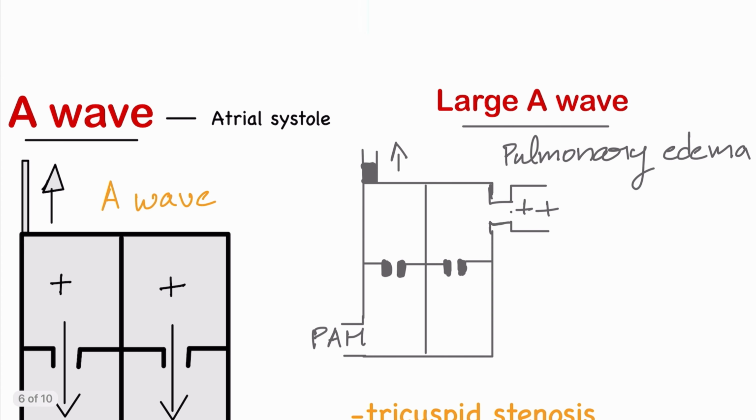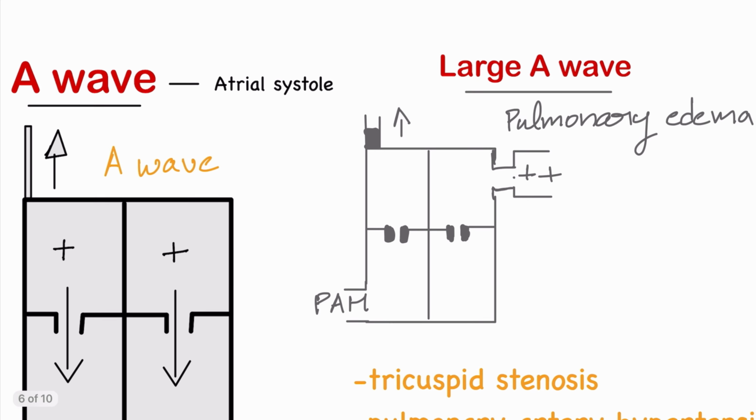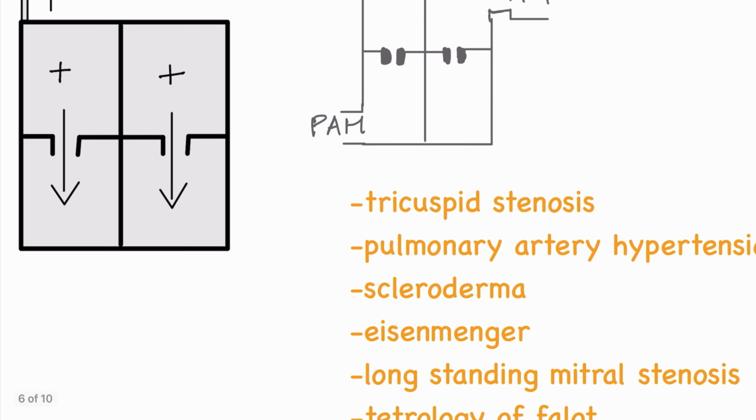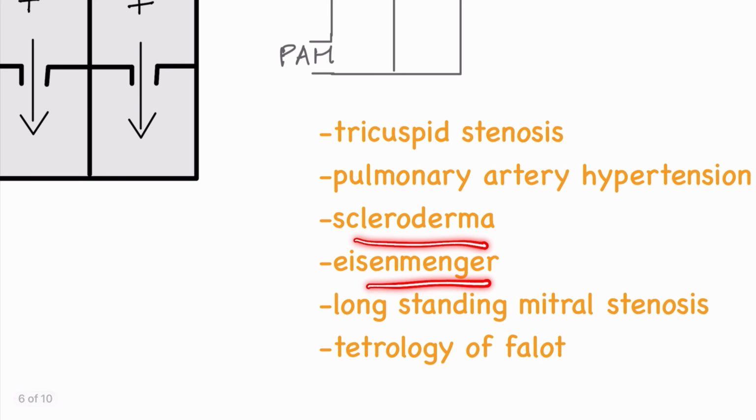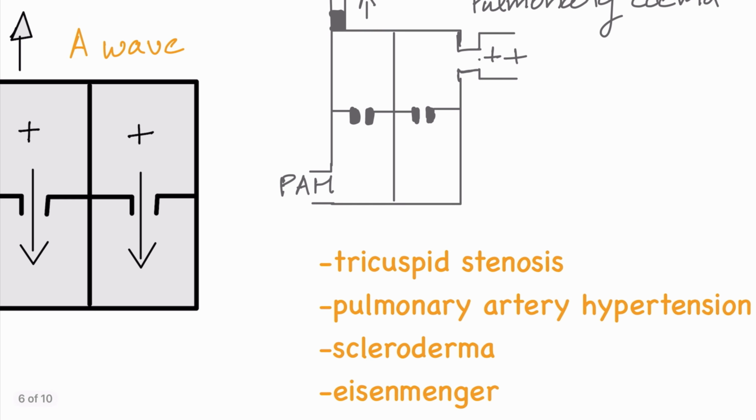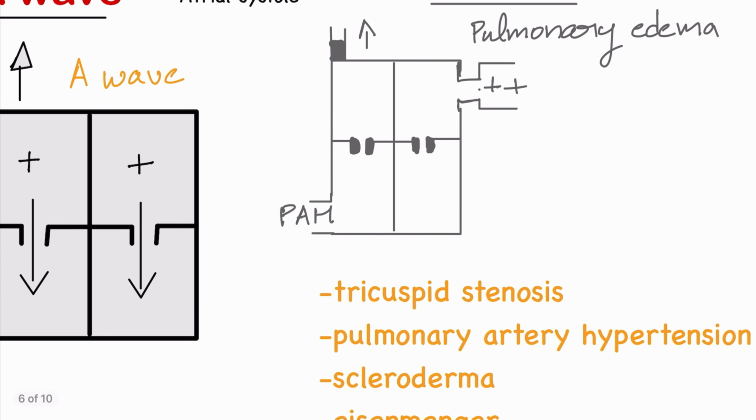But there are certain conditions in which you can see a large A wave, which is larger than normal. So the conditions are tricuspid stenosis, pulmonary artery hypertension, scleroderma, Eisenmenger syndrome, long-standing mitral stenosis, tetralogy of Fallot. So what's happening in these conditions which causes a large A wave?